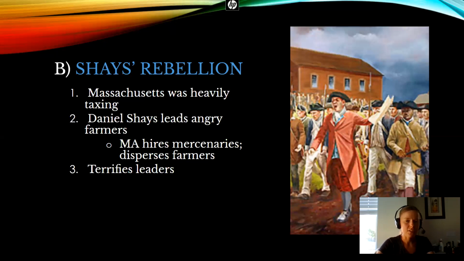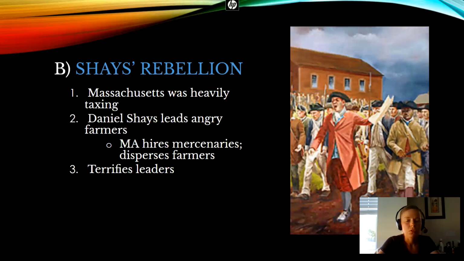They actually filed their grievances with the Massachusetts legislature, the government of Massachusetts, giving forth many of the same grievances, the same complaints that you can find in the Declaration of Independence that we leveled against the British Parliament. So I mean, this is incredibly hypocritical of our new government. And Massachusetts doesn't have any way to address these guys' complaints, and so they take up arms.